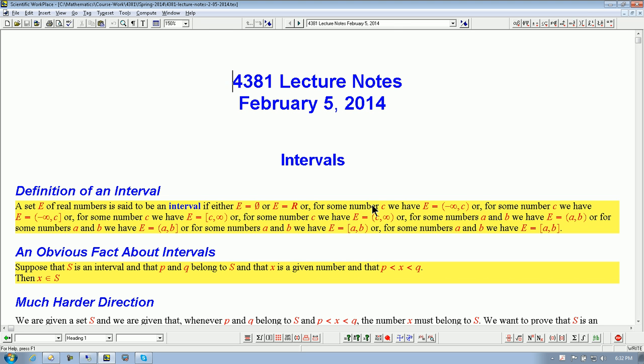And it will help you not only with finding a solution to a problem, it'll also help you with the writing. And I've got many people who are still having trouble with that. And you know, if you ever write, suppose that X belongs to S, you've got to ask yourself, why did I say that?